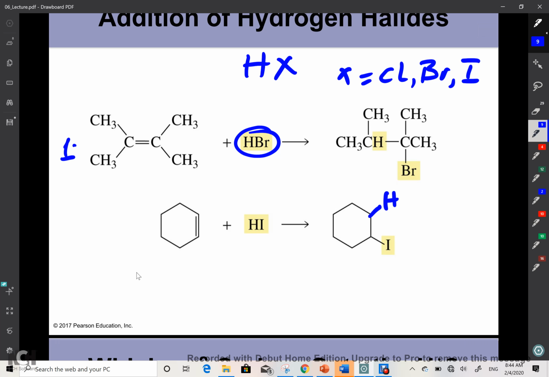You should do the mechanism. I want to see the mechanism for that. Try to propose a mechanism for those two additions. Choose whichever one you like.